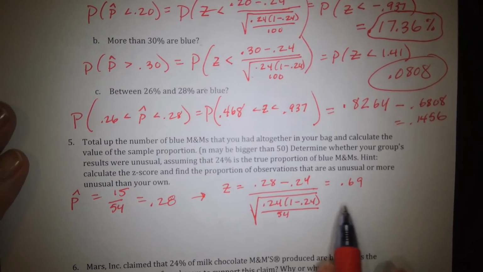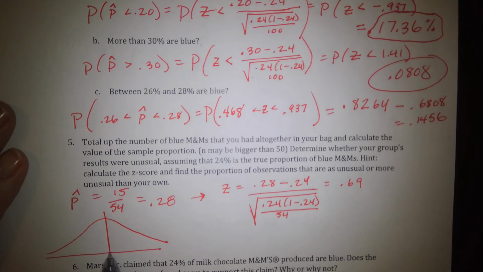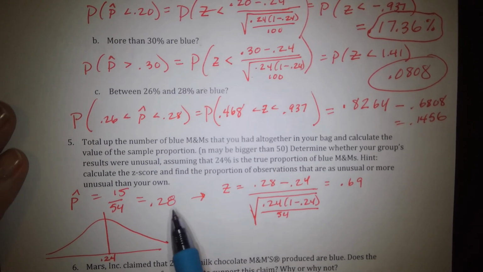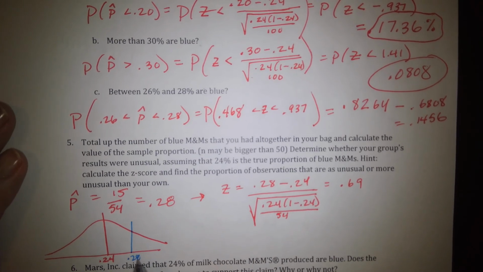Before I go to the table, let's take a peek at what this is going to look like, right? We know that the average amount of blues should be 0.24. Now my particular sample had an average of 28% blue, which is going to be over here, right?